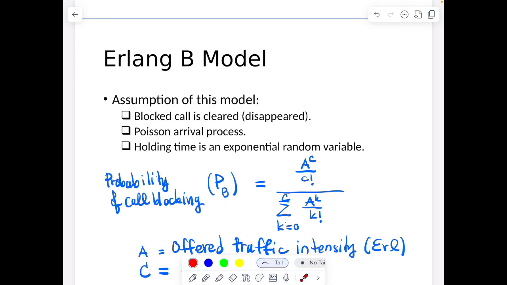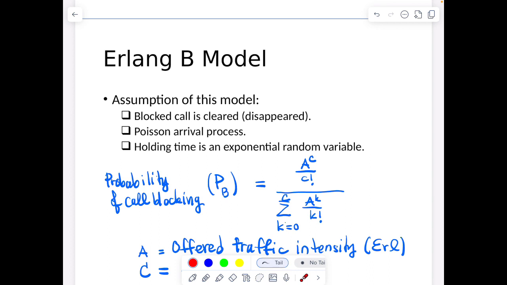Okay. And the arrival process has this Poisson distribution. So Poisson is a random process, right? If you want to know more about this, you can read the book, what is a Poisson random process? Okay. And the holding time for each call is a random variable.